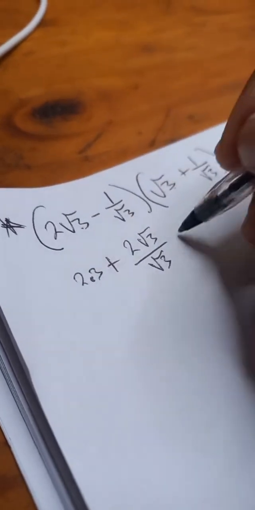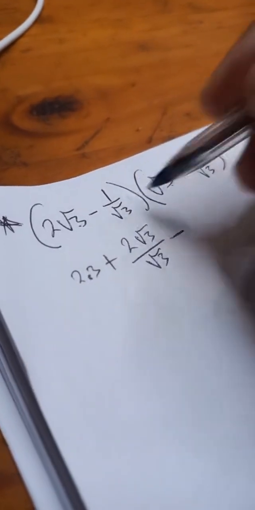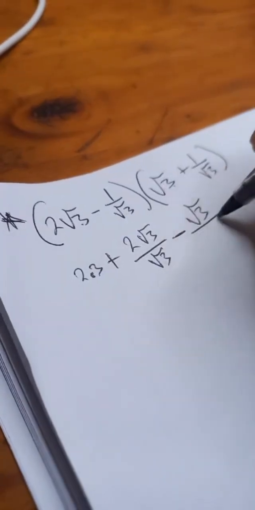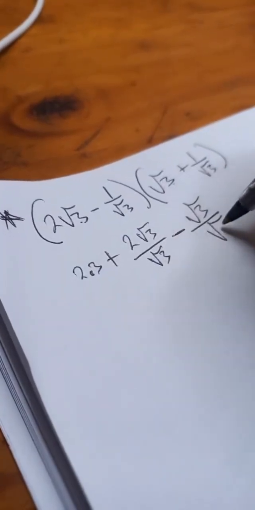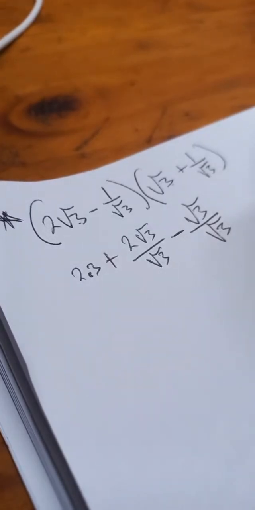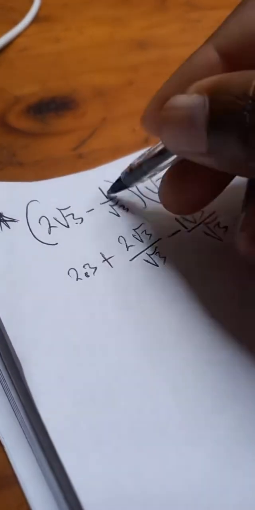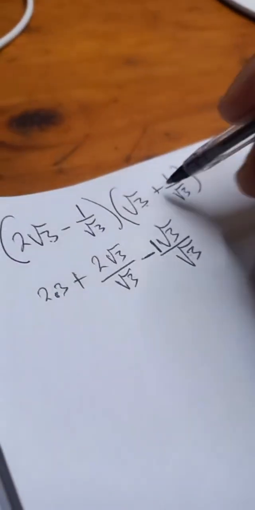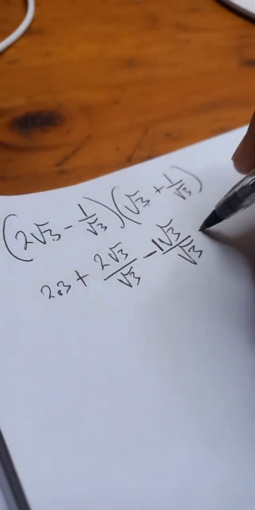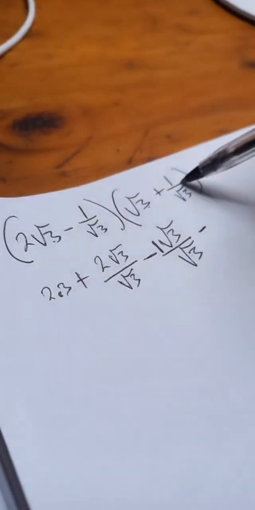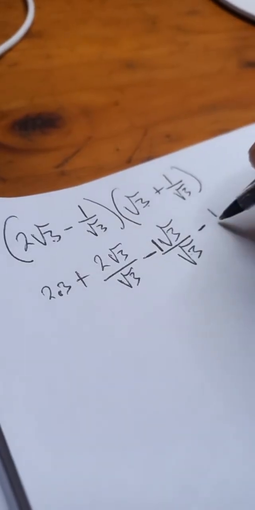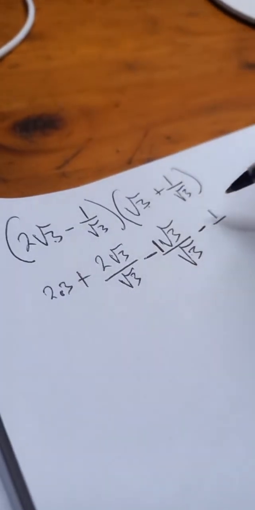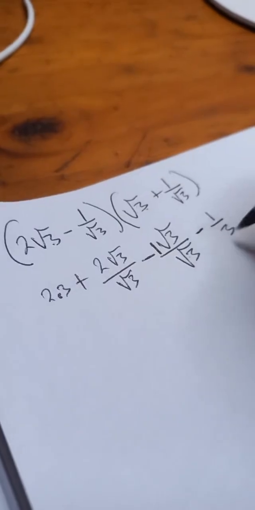This guy times this guy is minus square root of 3, right? You can put a 1 here. This by this is minus, this by this is 1 over, this by this is what? 3.